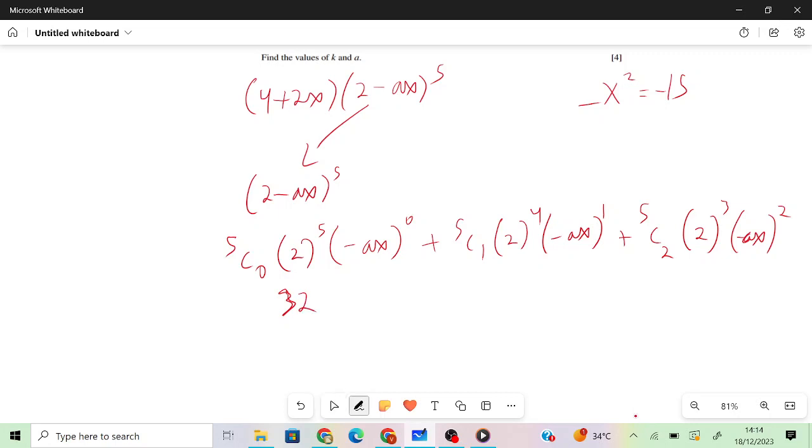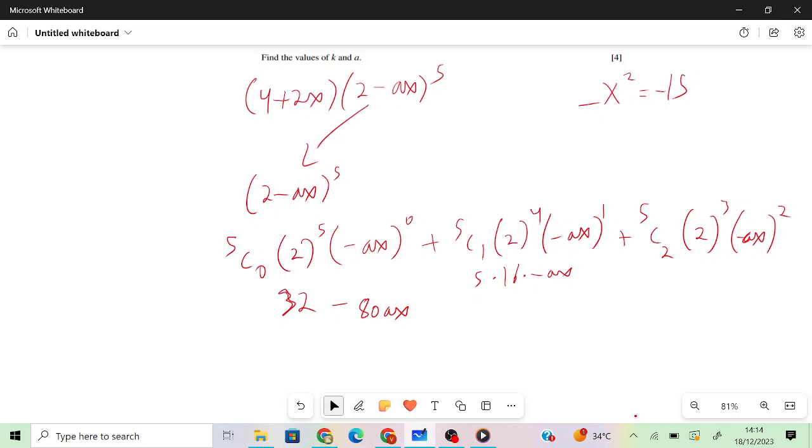Then 5C1 is 5. 2 to the power 4 is 16. So 5 times 16 times minus ax, and doing all that, that gives minus 80ax.